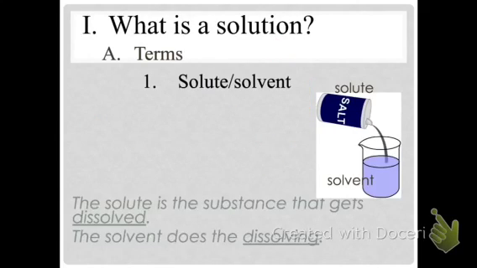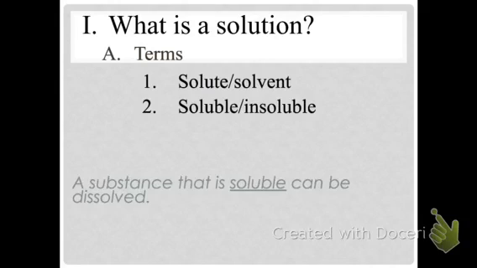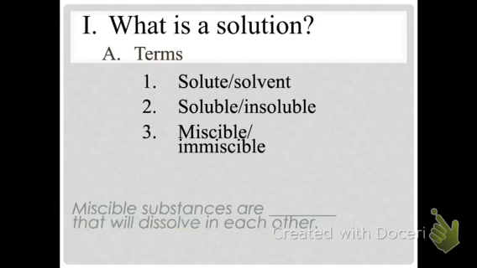So, you've got two other terms, soluble and insoluble. A substance that is soluble can be dissolved, and just like you would use an IN for the beginning of another word, that IN prefix normally means it's negative, and so an insoluble substance cannot be dissolved.